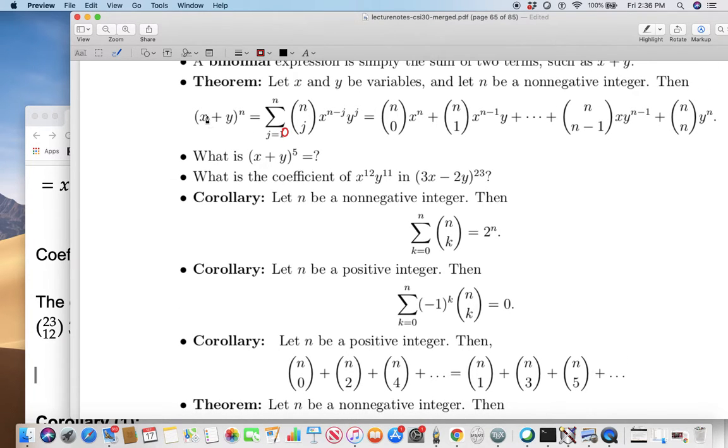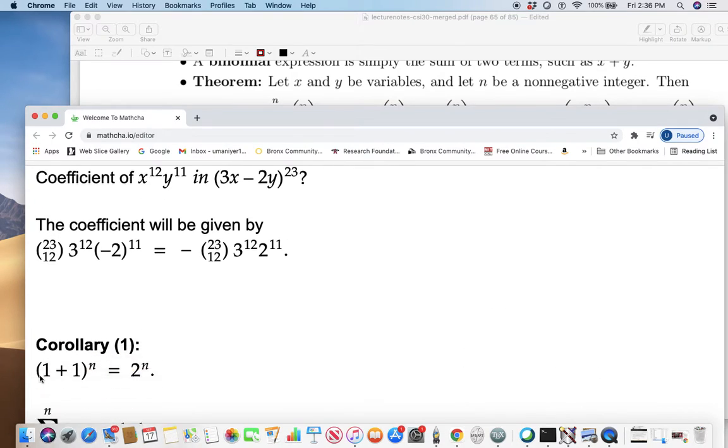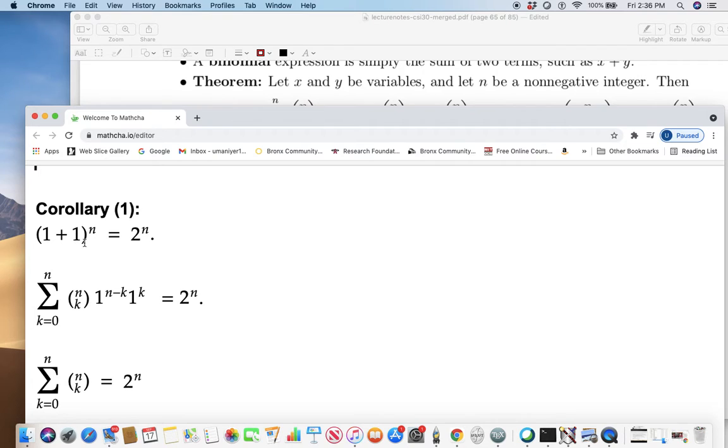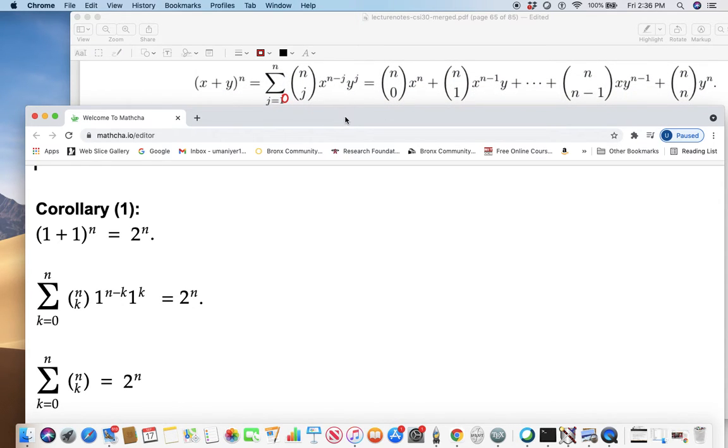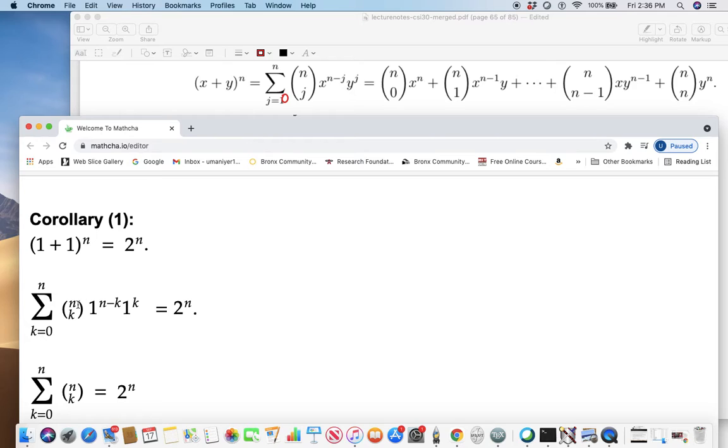So in this theorem, suppose I take x equals 1 and y equals 1. Then I get (1 + 1)^n, that is 2^n. That gets me the right hand side. Moreover, this expression now becomes the summation k going from 0 to n of n choose k, where j is k, x is 1, so 1^(n-k), and y is also 1, so 1^k.